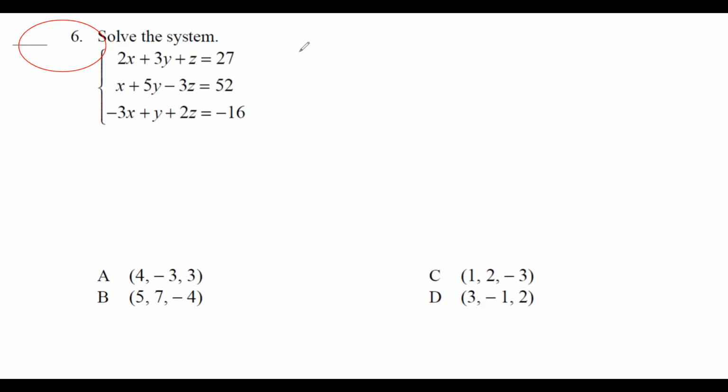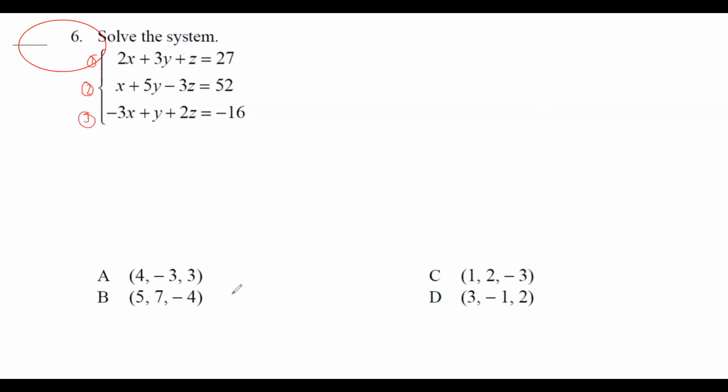We have to identify the number of equations that we have. So we have 1, 2, and 3. I'm going to label them: this is my equation 1, my equation 2, and my equation number 3. Look at that, how beautiful.